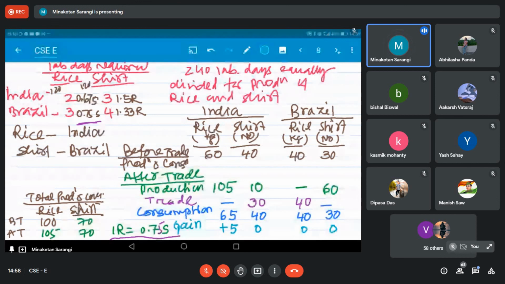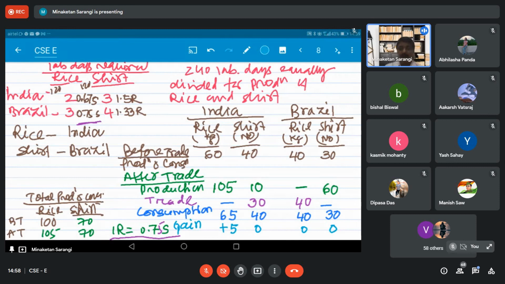With the help of two examples, we can explain how trade makes everyone better off, taking comparative advantage as the basis and partial specialization as the basis of production after trade.